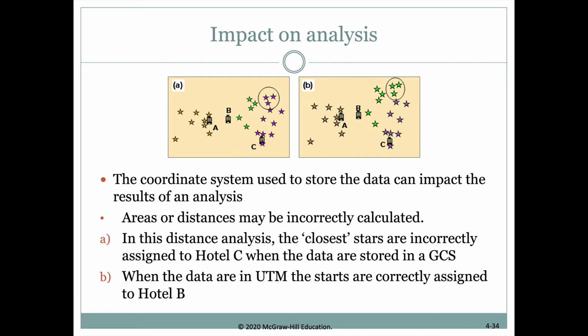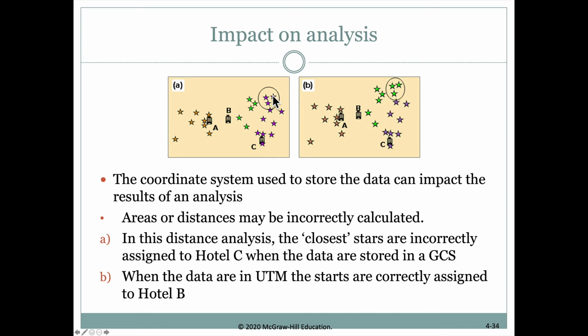But if we use geographic coordinate systems, those distances are not going to be reflective of the distance on the ground. So in this example here, we have three different hotels, and we're trying to analyze which, from all of these points here, which hotel is the closest.